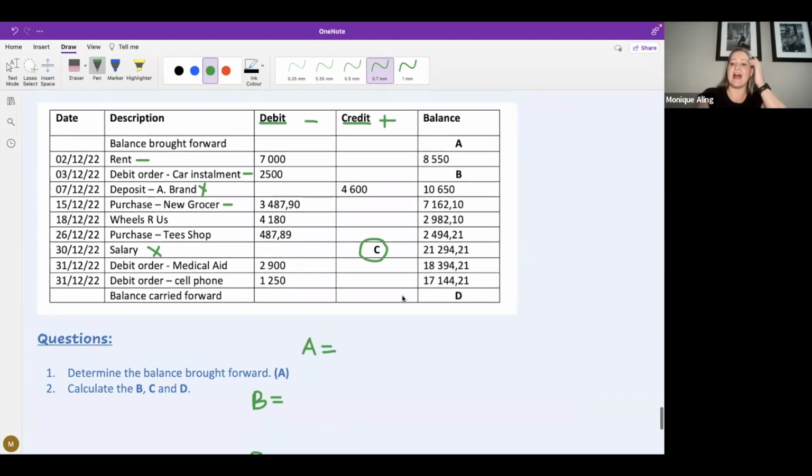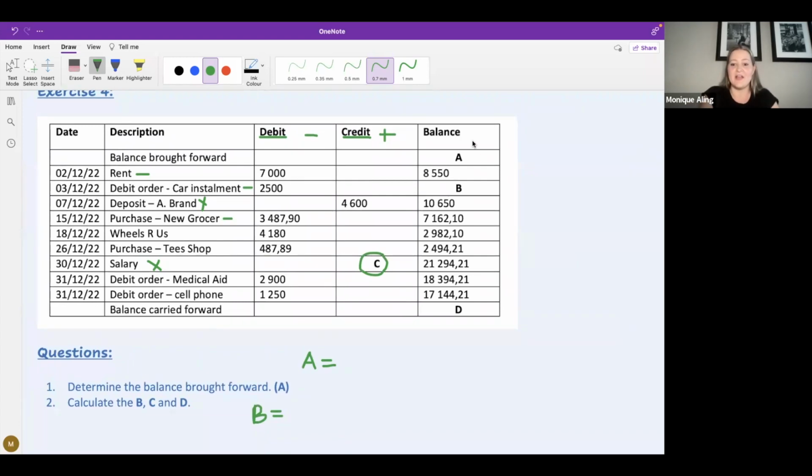Okay, so everyone, if we have a look at A, we had to work backwards. We had our 8,550, and before this new balance came about, we had a transaction. This transaction was minus. So whatever A was minus the rent gave you this new balance.